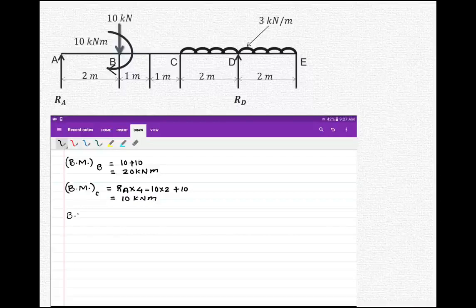This RA will produce clockwise moment about this C, so that is positive. This 10 kilonewton will produce anti-clockwise moment, so that is negative, and this 10 kilonewton meter is already present over here and it is in the clockwise direction, so that is positive.